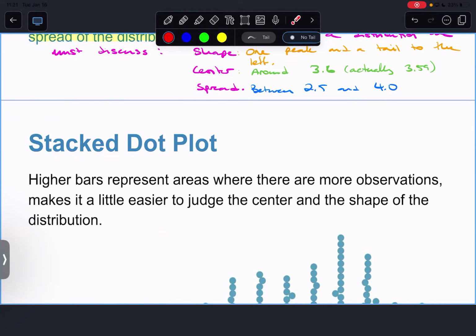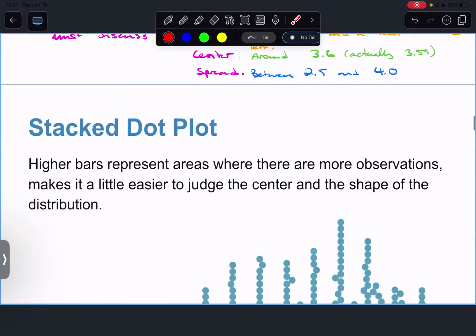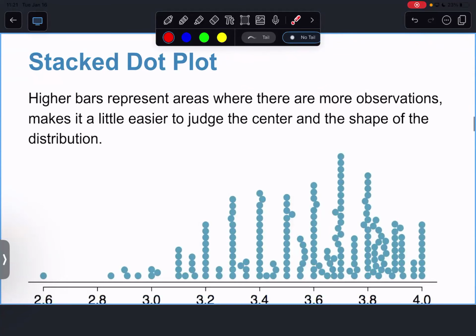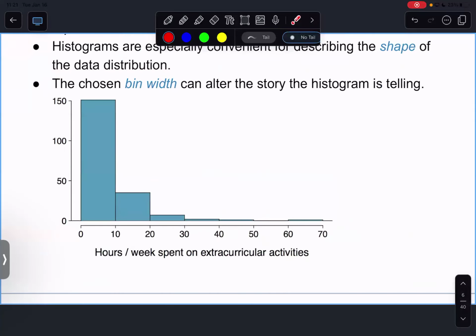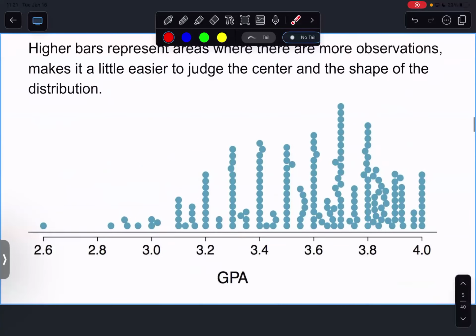So another way to visualize this is through a stack dot plot. Again, not that helpful because what we're going to be working towards is something like this, a histogram where we've got these nice clean bins, but they behave the same way, so it doesn't really matter.